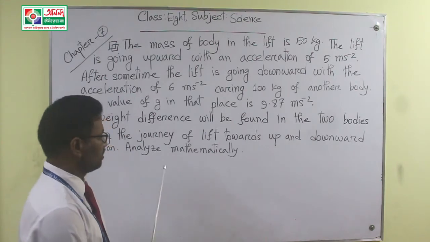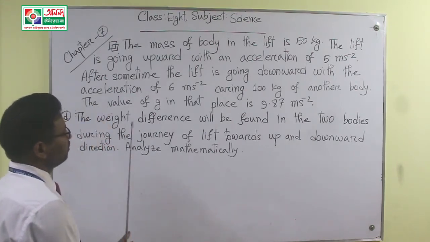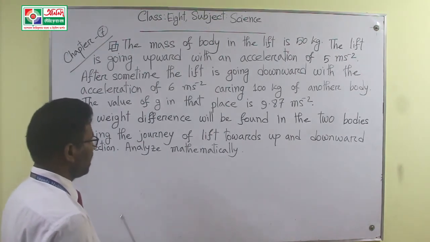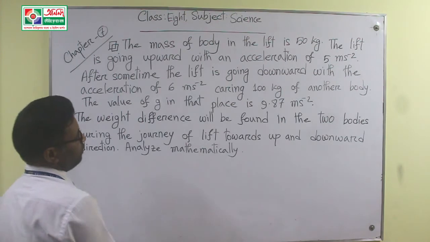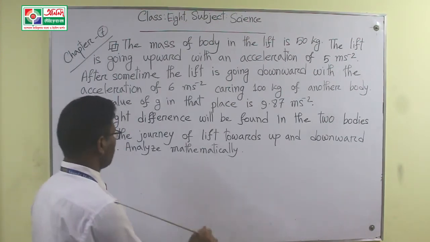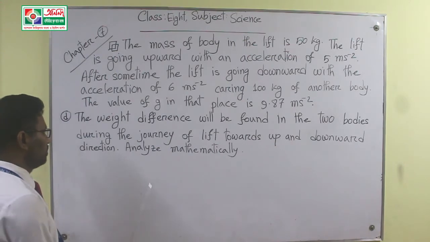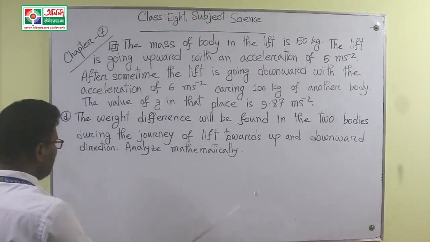That means this information will be compared for the upward direction and the downward direction. The weight difference will be found in two bodies during the journey of the lift towards the upward and downward direction.